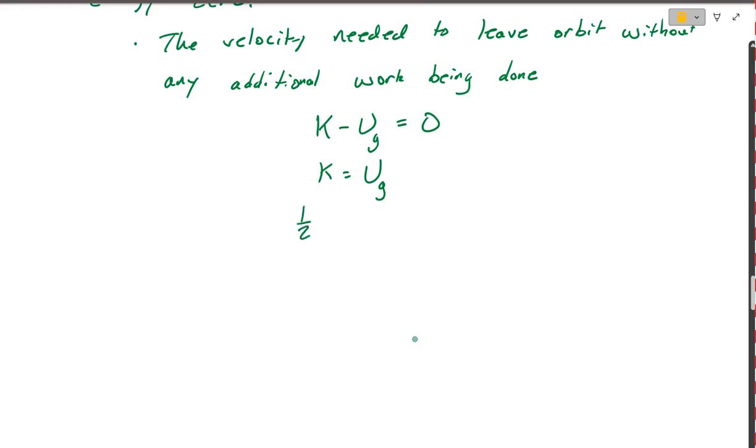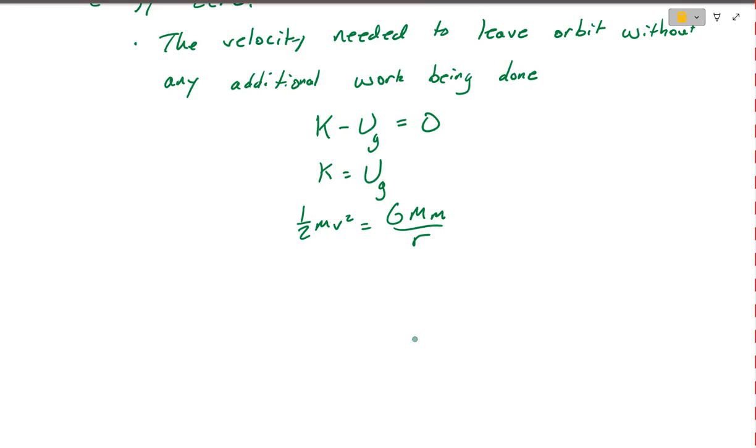Kinetic energy is 1/2 mv squared. Gravitational potential is, not mgh, the other gravitational potential this time, G M m over r. How do we know when to use which one? If we're talking about space and orbits, you're using the G M m over r. That's really the only application to it.